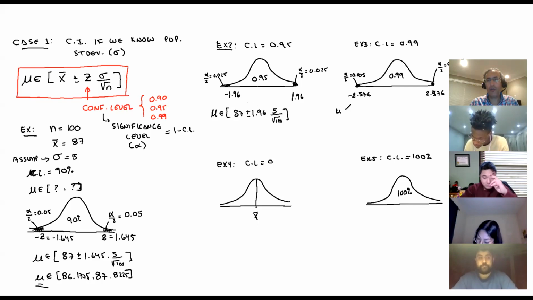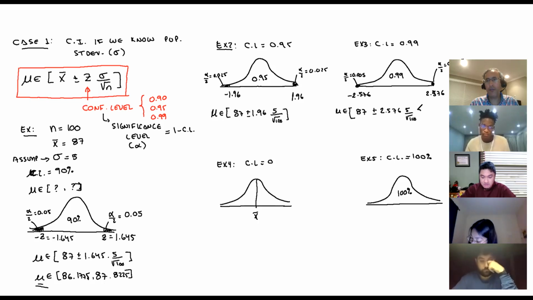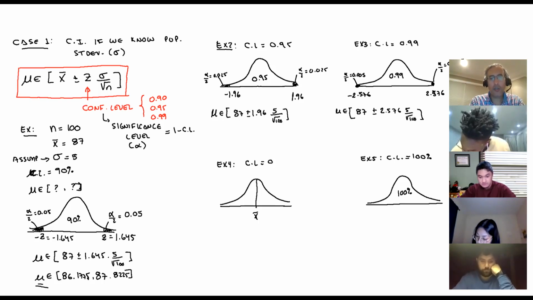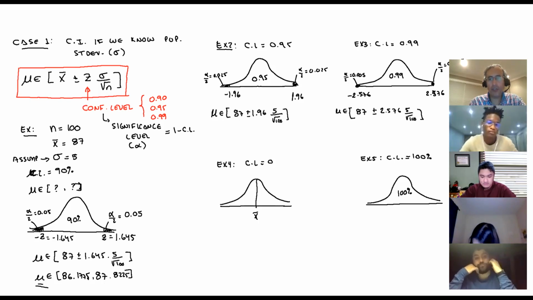And this one is going to be mu belongs to, please help me estimate these numbers: 2.576 times 5 over the square root of 100. The first one's plus or minus 0.98, and the second one is plus or minus 1.288. Yep, give me 1 second.